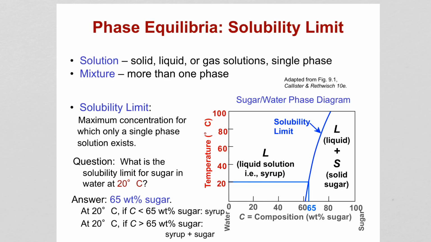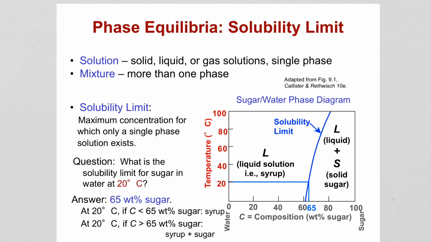So the solution becomes saturated with the sugar. It is not capable of dissolving the sugar anymore, and therefore it's going to separate into two separate phases, sugar and water. So the definition of the solubility limit is the maximum concentration for which only a single phase solution exists.